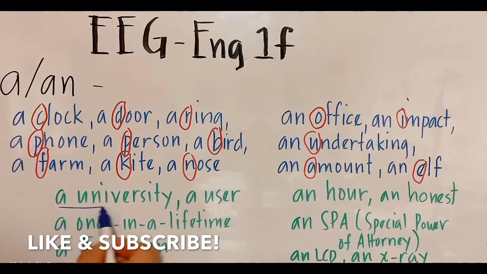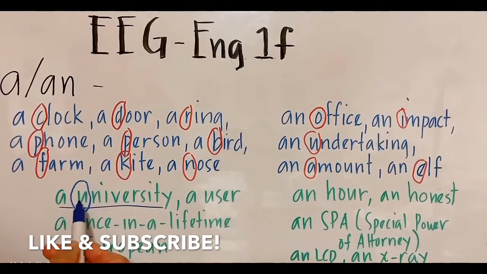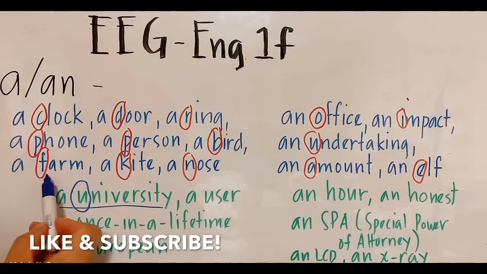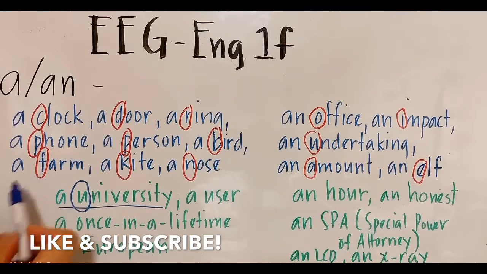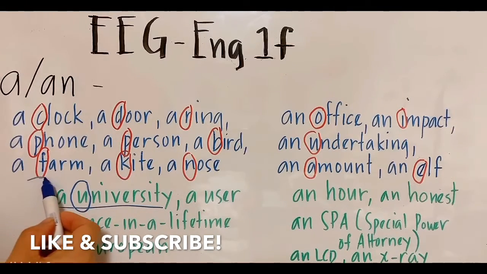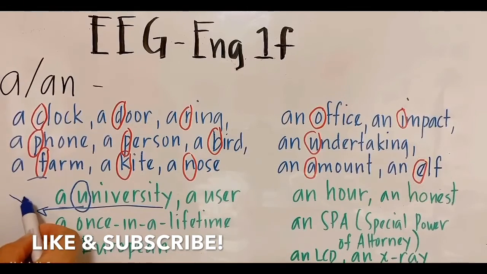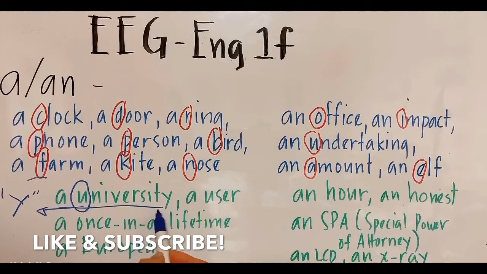A university. University starts with the letter U. We said that a should be used if the word after it starts with a consonant, but this one starts with a vowel. It is an exception, because U here is pronounced like Y. That's why we use the listening technique.